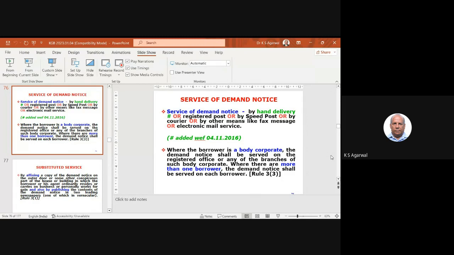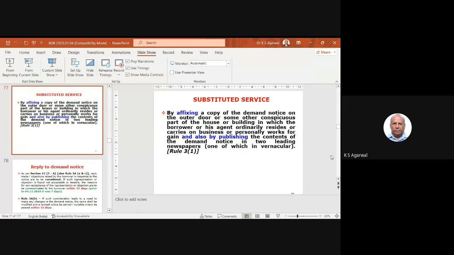It is a proof of service. So when you do not have any proof of service, then we have to paste this demand notice on the residence or on the business premises, and we have to publish the contents of this notice in 2 newspapers, one English, one vernacular. Then this will be substituted service.